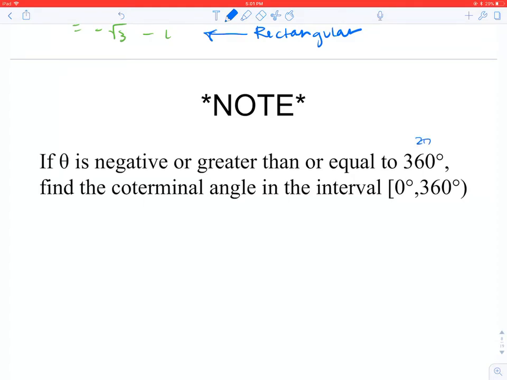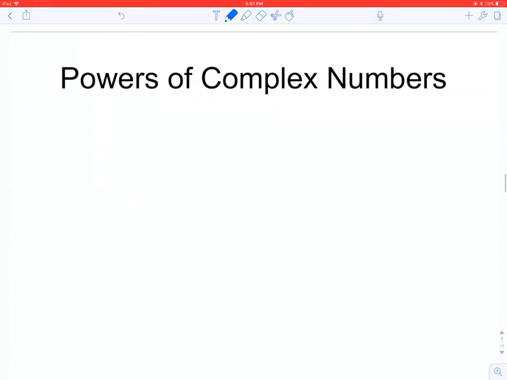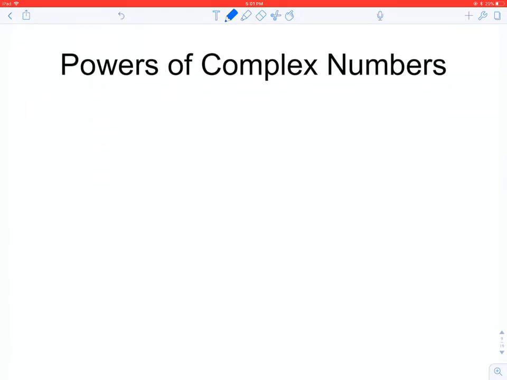And just a note, if theta is negative or greater than or equal to 360 or 2 pi, find the coterminal angle on the interval between 0 degrees and 360, or 0 and 2 pi if you're in radians.